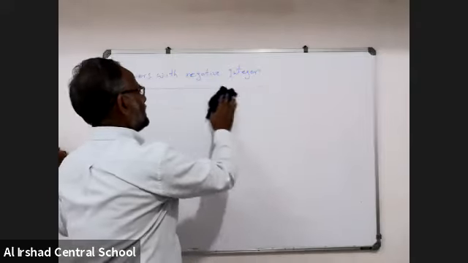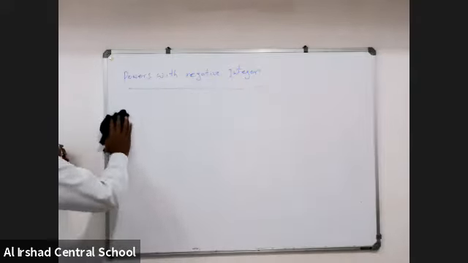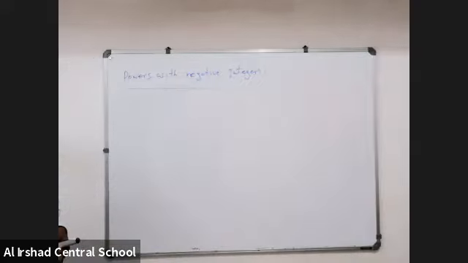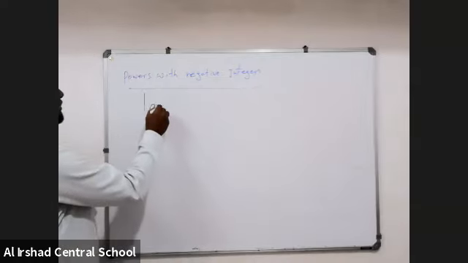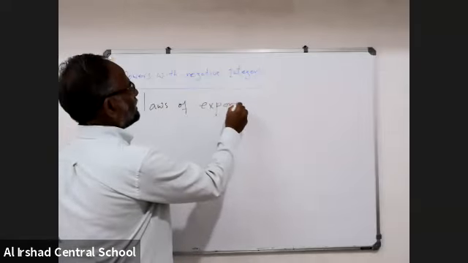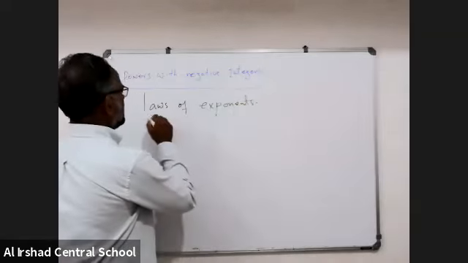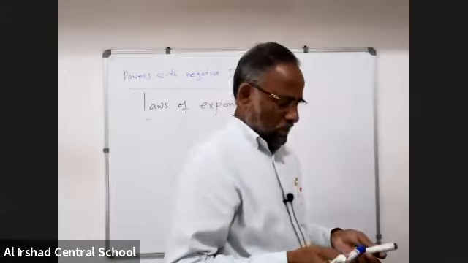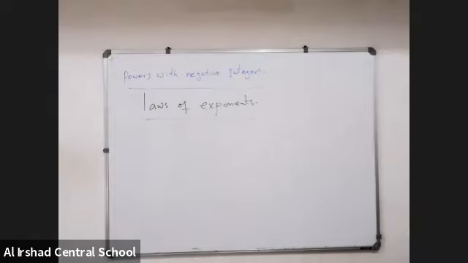Now listen here. How can we apply laws of exponents? Tell me, children, class 7, laws of exponents. Right there in your notebook and show me. Last year, you studied 5 or 6 laws of exponents.